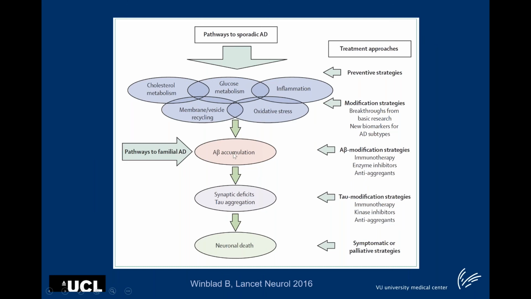So amyloid, most people still put in the central part, also because the familial cases all have an amyloid mutation.